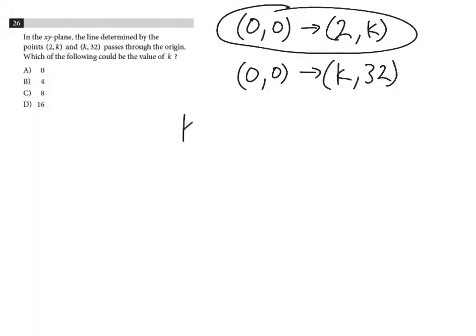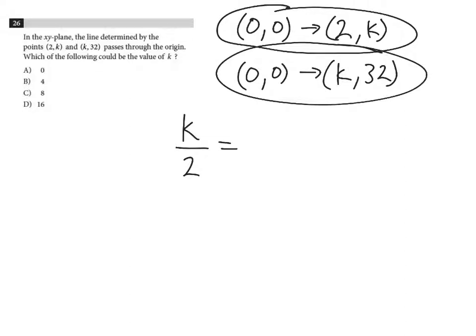That'll be the change in y, right? k minus 0 over 2 minus 0. Well, I know that has to be equal to the slope between these two points, the change in y, that'll be 32 minus 0 over k minus 0.